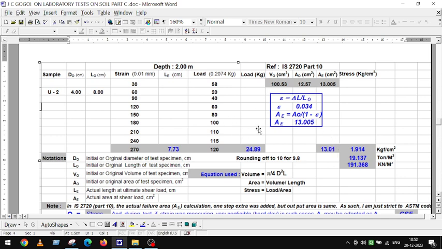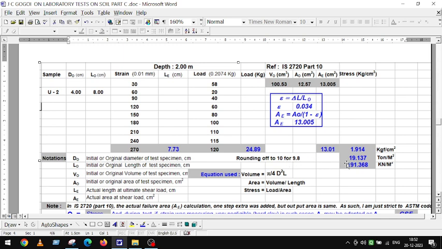And our load is this much. So we divide this load by this area and we shall be getting this. This kg per cm square is the compressive strength.